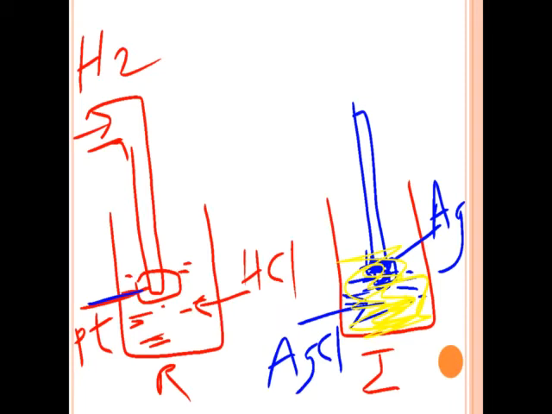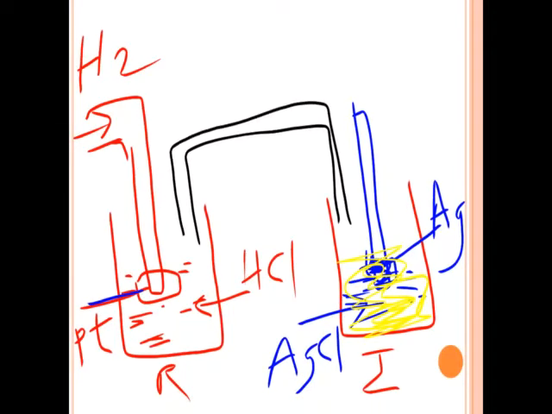These two electrodes are joined together by a salt bridge, generally made of KCl. In this way the complete instrumentation of potentiometry is set up.